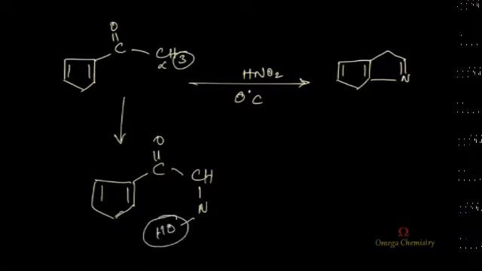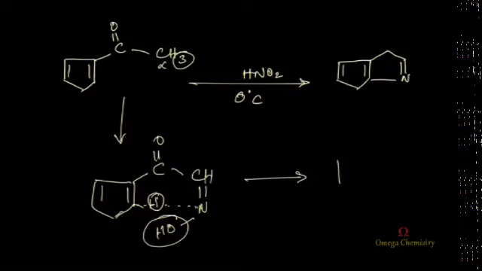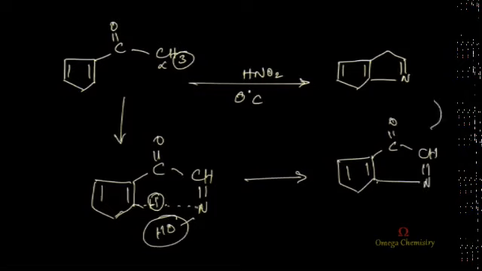This OH will not condense with this CH group, rather it will condense with another hydrogen from the ring. So a condensation, a new nitrogen-carbon bond will form like this, right? So the final product will look like this, CH double bond N, which is nothing but this product, right?